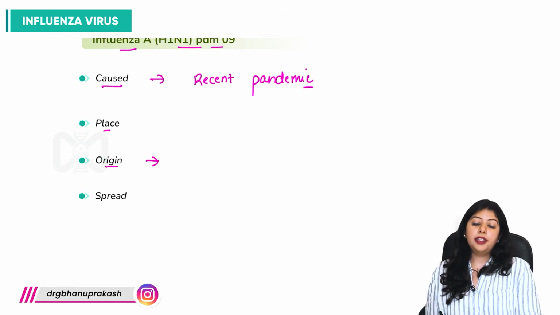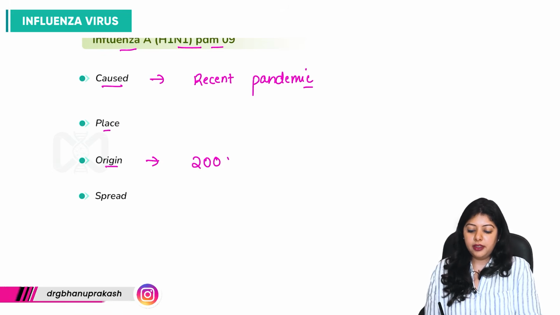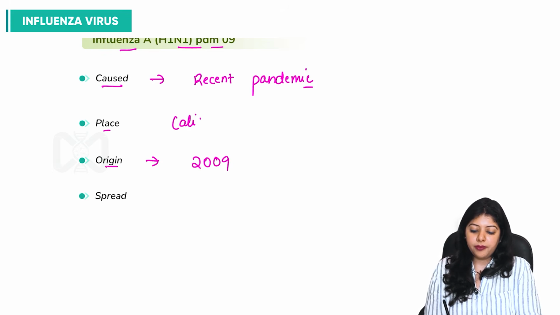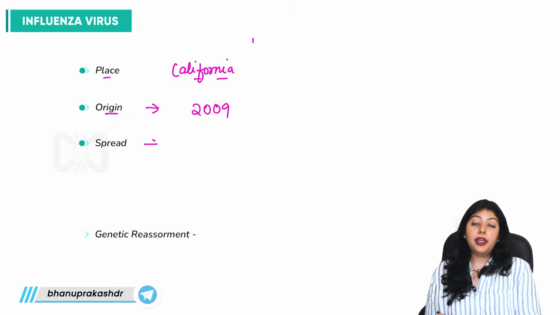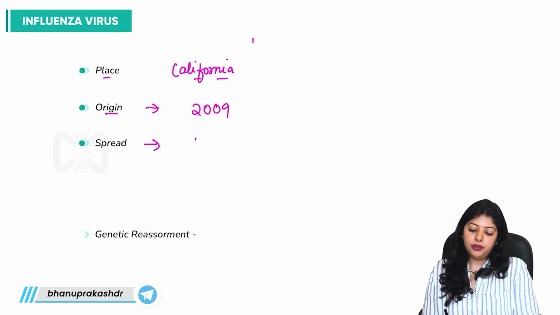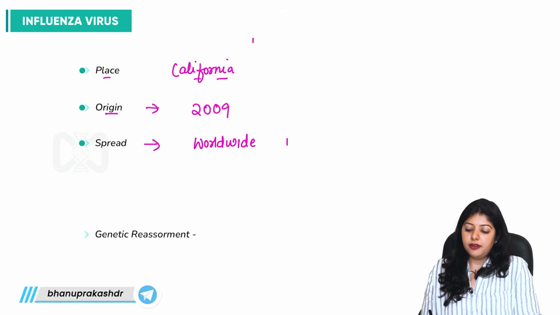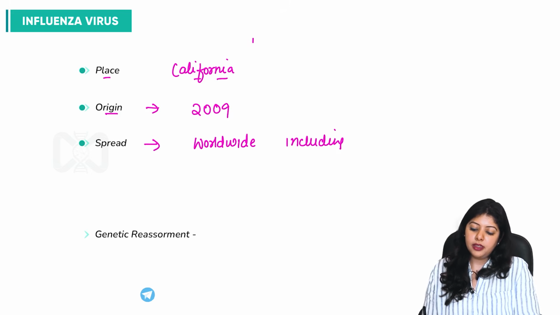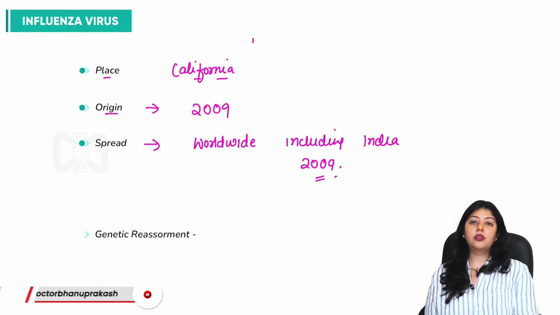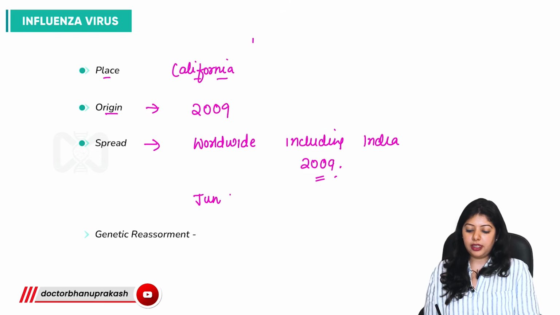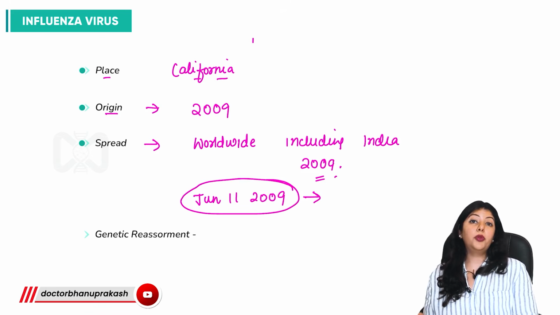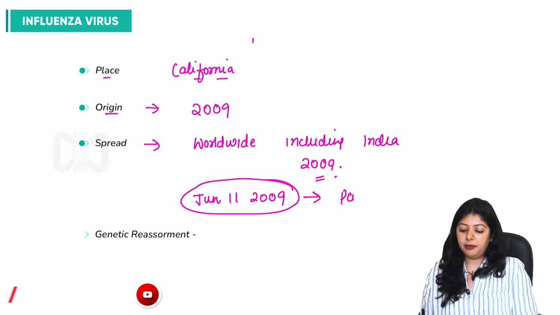It originated in 2009 from California, and it spread to the whole world, including India. It was on June 11, 2009 that WHO declared it as a pandemic.